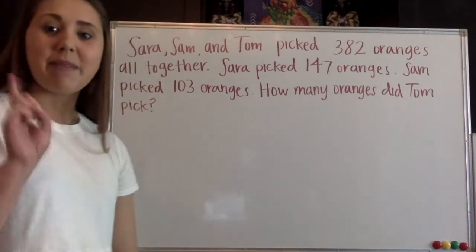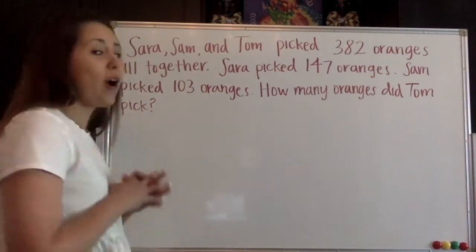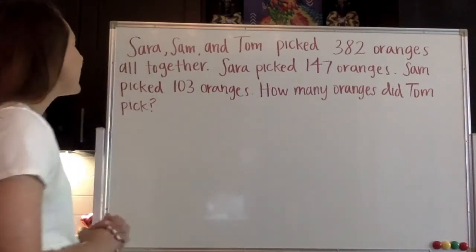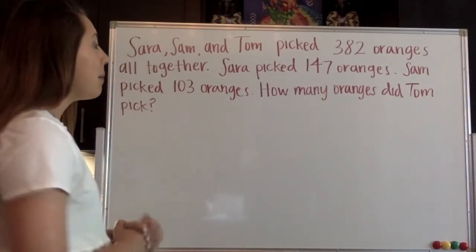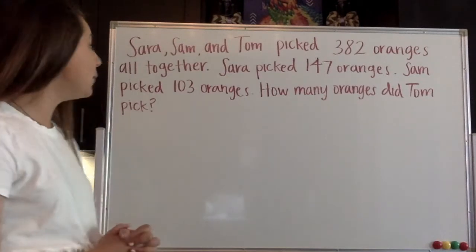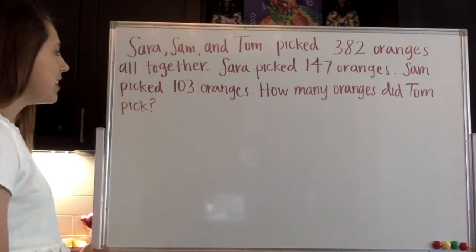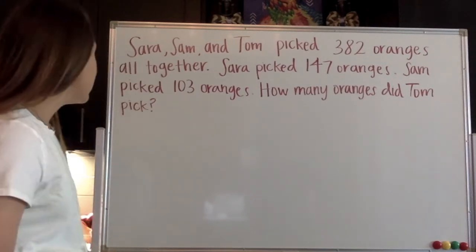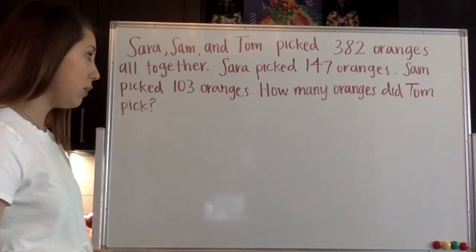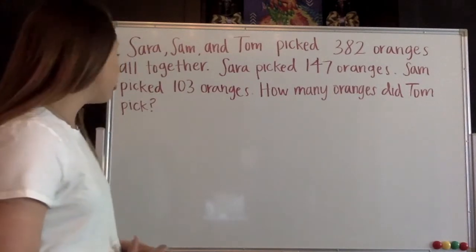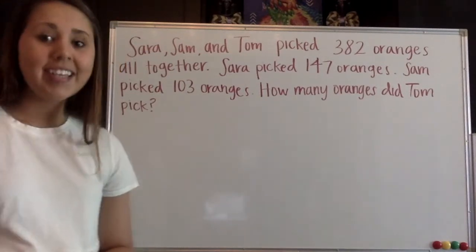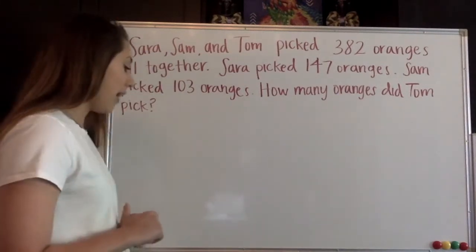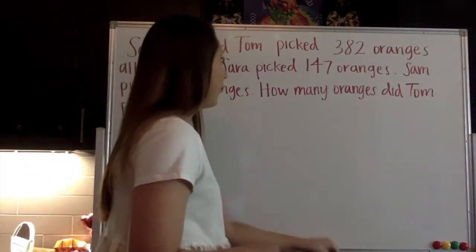So as always, my first step is to read this question all the way through. Sarah, Sam, and Tom picked 382 oranges altogether. Sarah picked 147 oranges. Sam picked 103 oranges. How many oranges did Tom pick? So now I'm going to go through and pull out my important information.